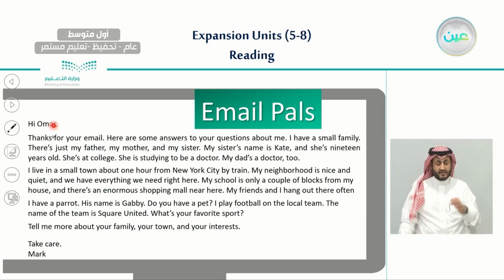Email Pals. Hi Umar, thanks for your email. Here are some answers to your questions about me. I have a small family. There is just my father, my mother, and my sister. My sister's name is Kate, and she is 19 years old. She's at college. She's studying to be a doctor. My dad's a doctor too. I live in a small town about 1 hour from New York City by train. My neighborhood is nice and quiet, and we have everything we need right here.